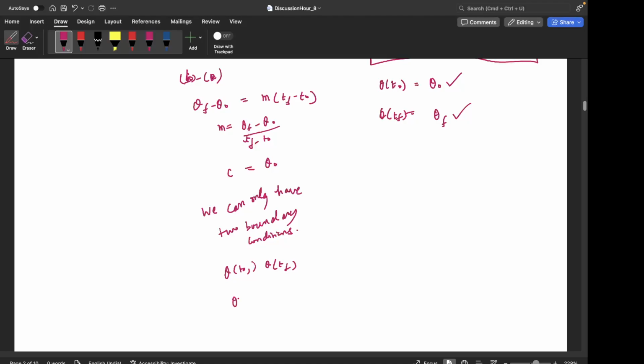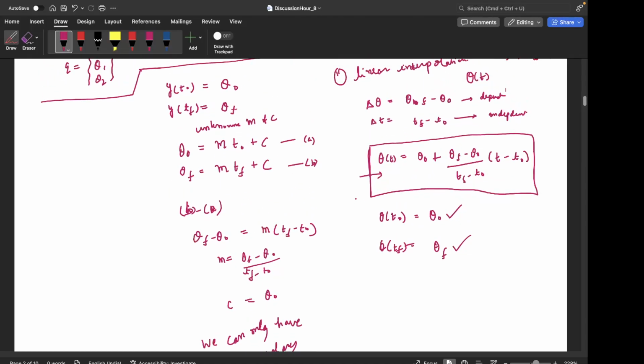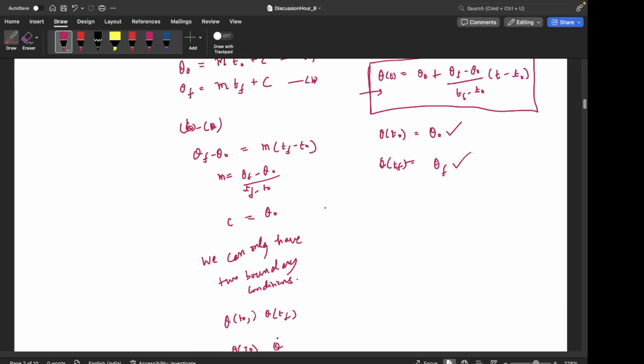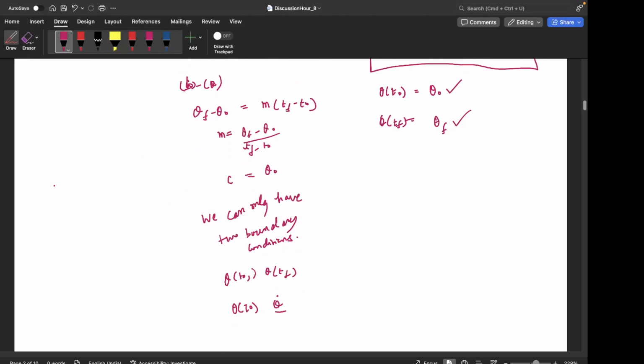What else can be specified is that either we specify theta 0 and the constant velocity that we want to achieve. Because a linear path has a constant slope, so it is a constant velocity profile. So if I draw, this is a plot of t, this is theta, this is theta 0, this is theta f, this is tf, this is t0.